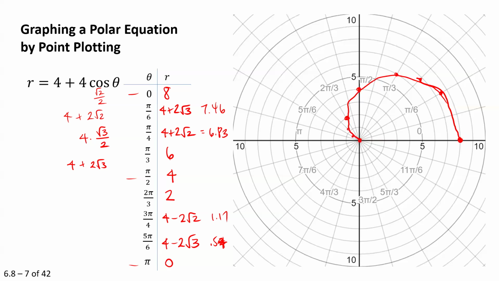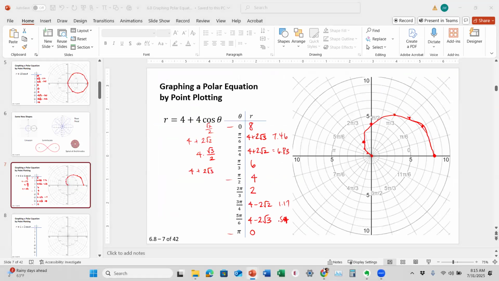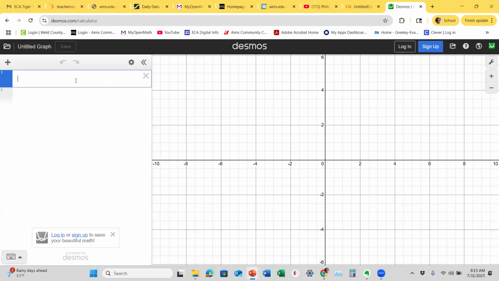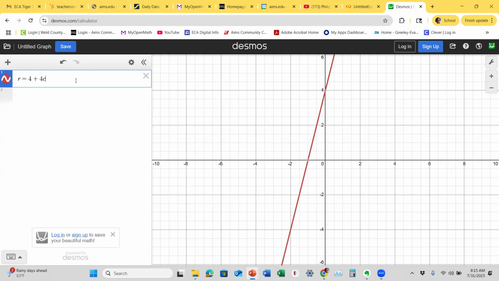Let's actually see if we can plot this in Desmos here. Sine or cosine? Cosine.